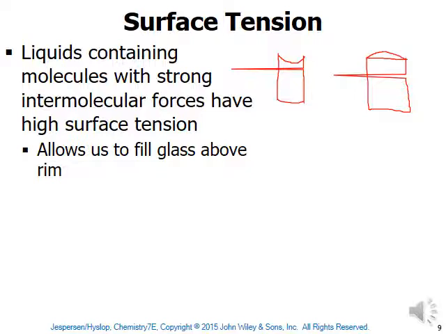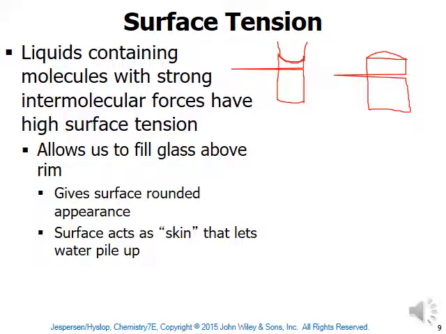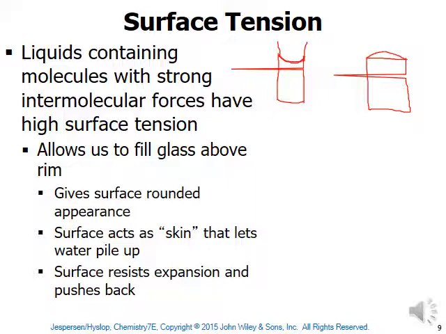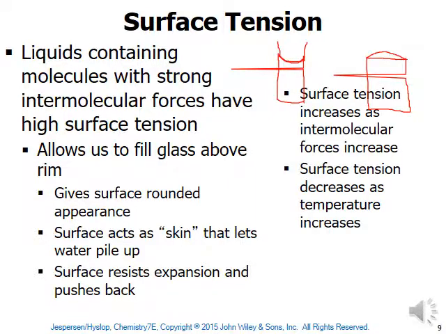Now if you have it in a column, like I was just talking about, the surface tension causes it to form this meniscus. And again, surface tension can decrease with temperature, because you're breaking apart and decreasing the interactions.